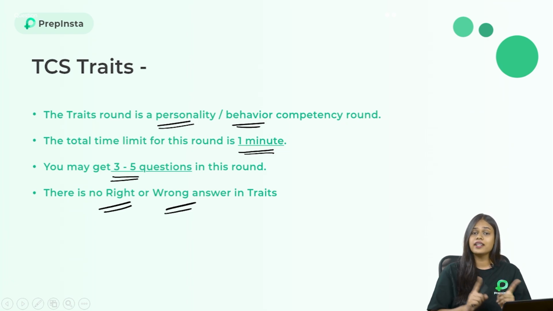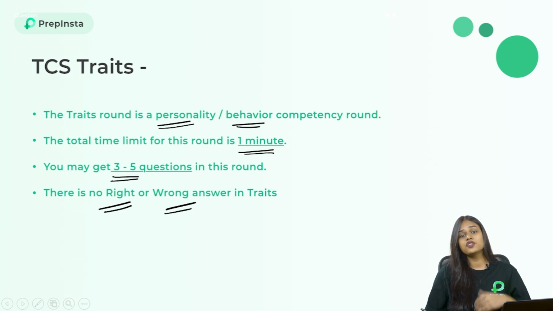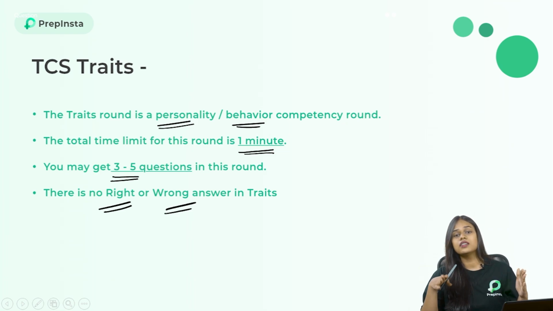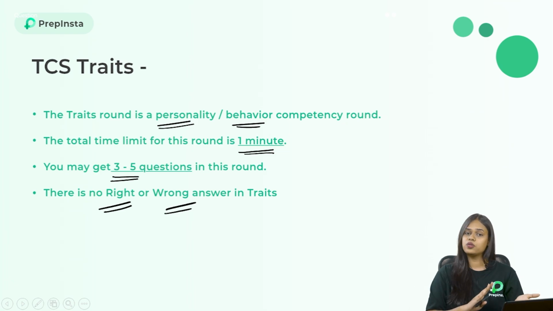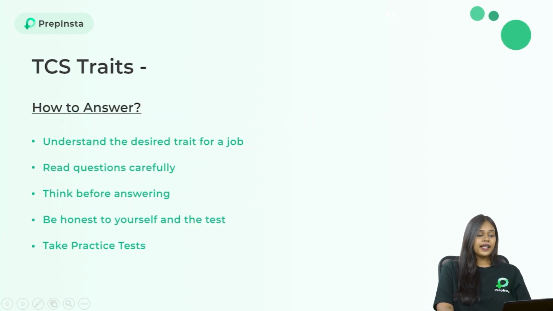So there is no right or wrong answer, but definitely there are more appropriate and less appropriate answers. For example, if they are looking for a leader as a candidate, and you don't show leadership qualities in your answers, you are not going to be appropriate for the role. That is how they're going to judge you. There is no right or wrong answer. All right, let's move ahead.